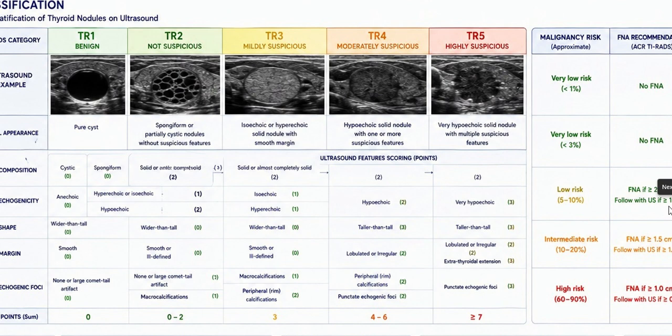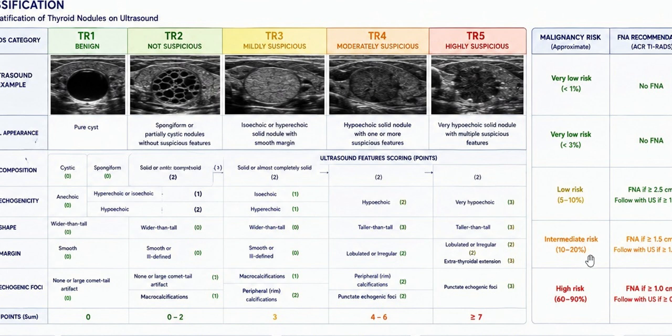But if it's now an intermediate risk, the TI-RADS class 3, it's a low risk. It falls under this category, because you see the colors, this one and that one. That's a low risk. So if your mass measures above 2.5 centimeters, you recommend fine needle aspiration. But if your mass is less than 2.5 centimeters, you just recommend a follow-up. No FNA is recommended.